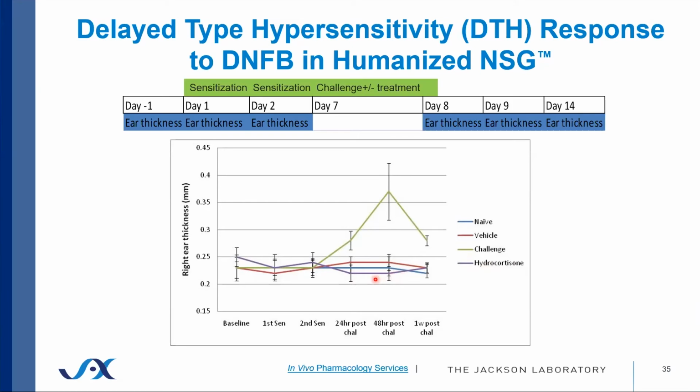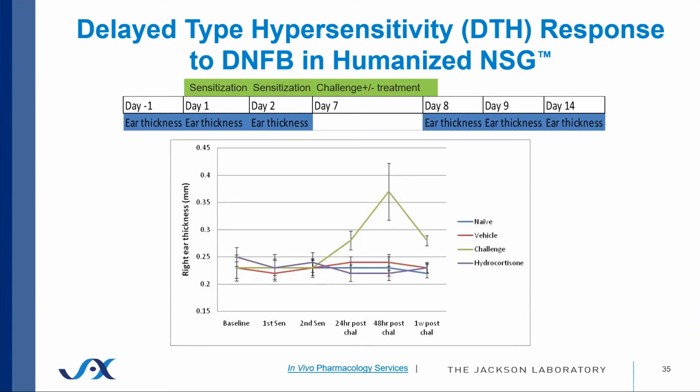The blue line shows a minimal response in humanized NSG mice that were not sensitized to DNFB prior to challenge. And the red line shows that no inflammation occurs when the humanized mice are merely sensitized to the agent, but not challenged.